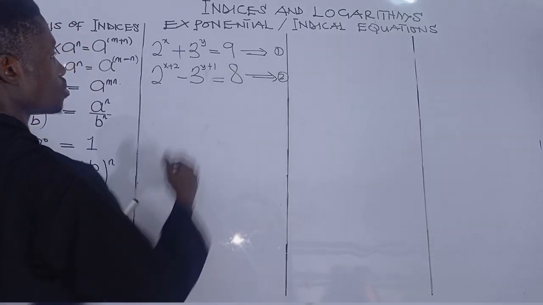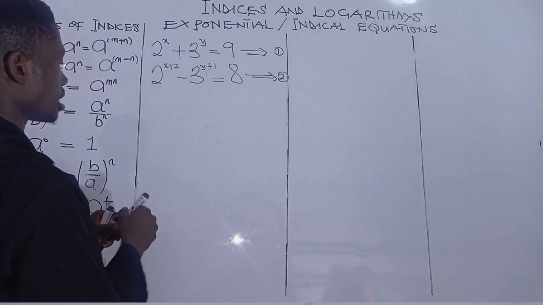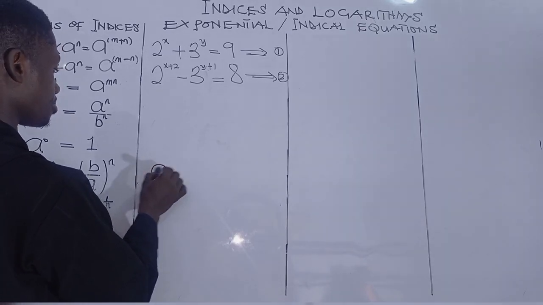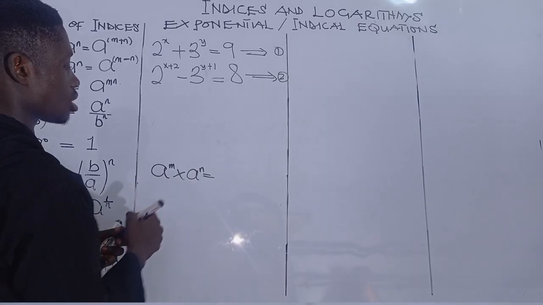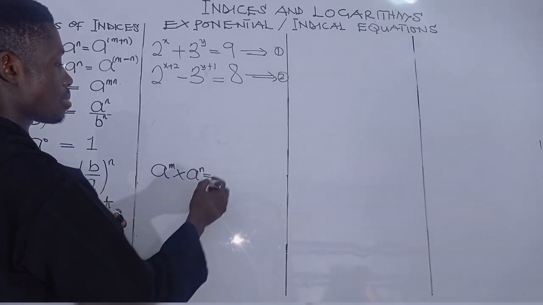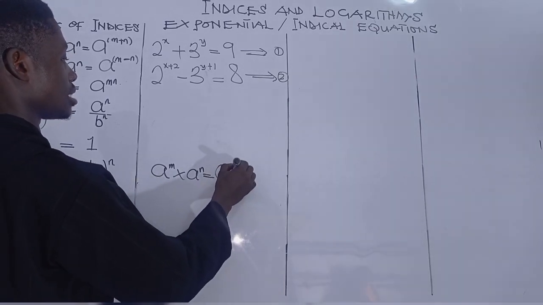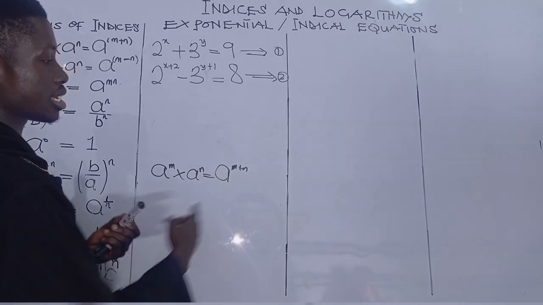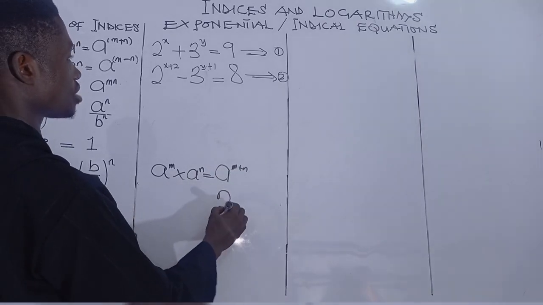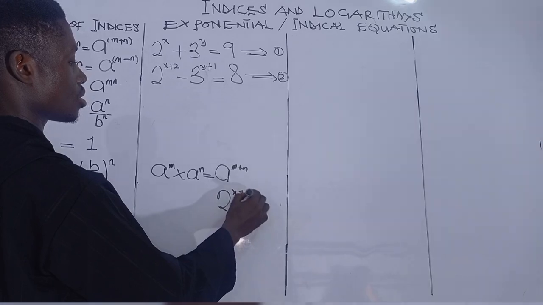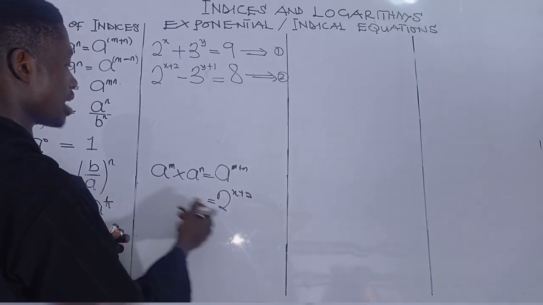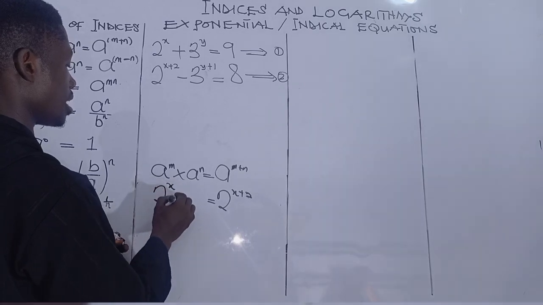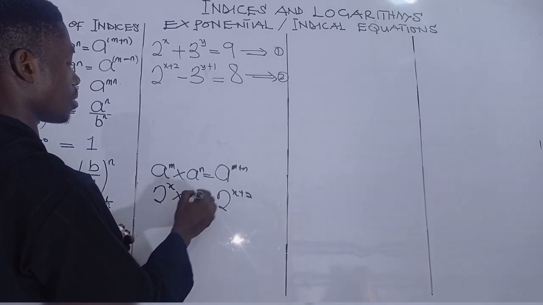Now with equation 2, applying the multiplication law, which says that when you have any two numbers multiplying, they have the same base. We pick one of the bases, we add their exponents. So with this, it means that when you have 2 raised to the power x plus 2, we can apply the multiplication law of indices to write this as 2 raised to the power x multiplying 2 raised to the power 2.